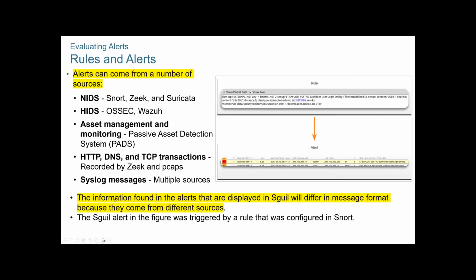And then could be syslog messages. So all those alerts are displayed in Squil, and they'll be in different message formats, and we'll talk about that in just a minute. This Squil alert was triggered by a rule that was configured in Snort, which is another piece of software.